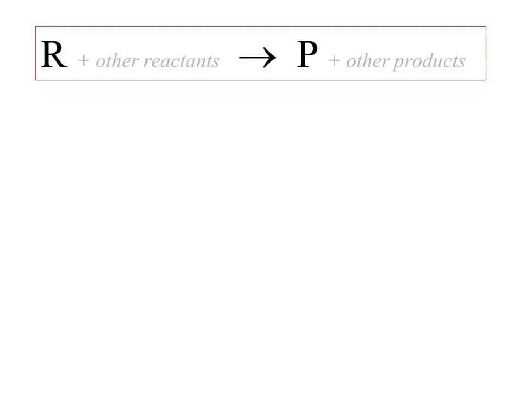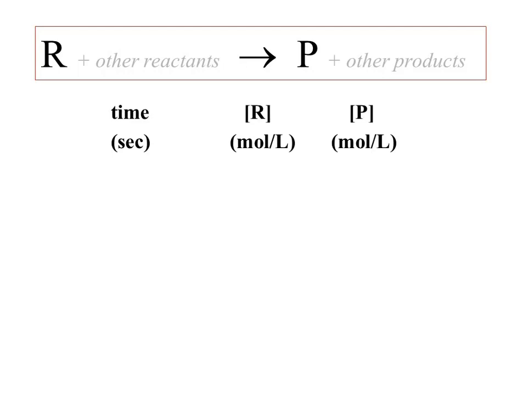How fast does this occur? Well, here's some data. Not so surprising. This is time equal to 0. When you first start your reaction, we have all reactants, no products. You'll see these numbers plotted in a minute. You let it go 5 seconds, and your reactants went down and your products went up.